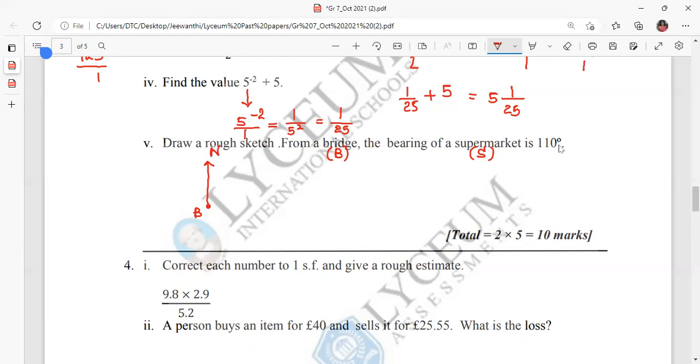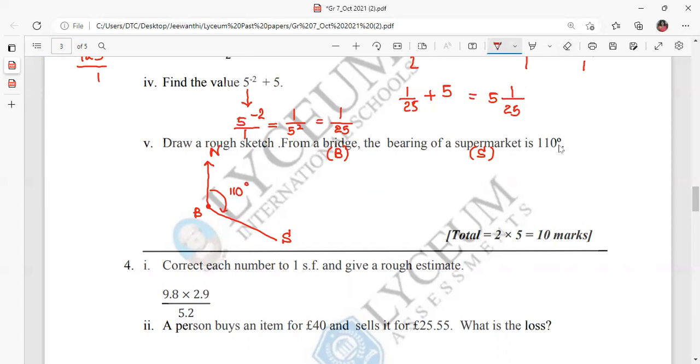And 110 degrees, children, you don't need to measure it using the protractor, but it should be an approximate value. So this is 90 and this is 110, approximately, and with this arrow I show it is 110. These are the pieces of information you want to record.